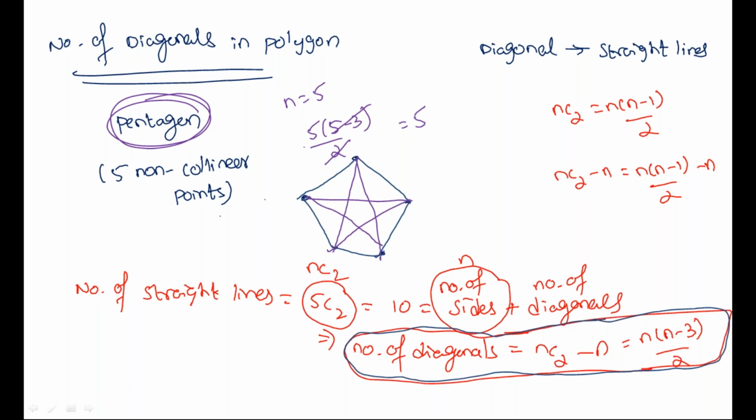Fine. Now, guys, let's see this. A very, very important note: the property of the number of sides being equal to the number of diagonals is there only for the pentagon.